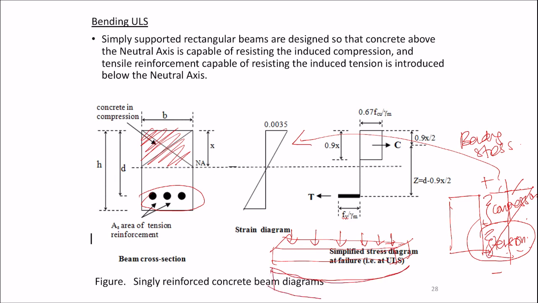Jadi yang bawah ni dia dalam tension and atas ni it is in compression. Pull dia ke dalam, yang kat luar ni dia nak pull out. Okay, dia in tension. So kita akan letak reinforcement dekat bawah ni.